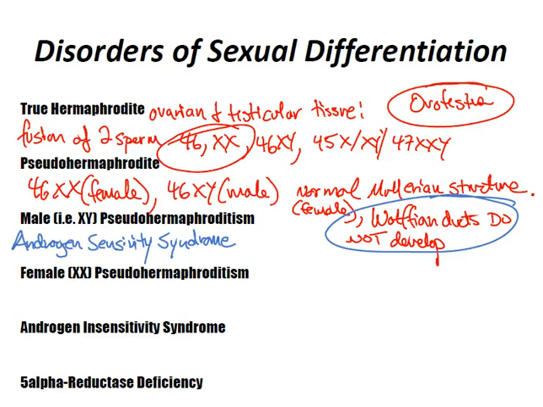So what about female pseudohermaphroditism? This is most commonly caused by congenital adrenal hyperplasia. So the ovaries are present, but the external genitalia are virilized or ambiguous.